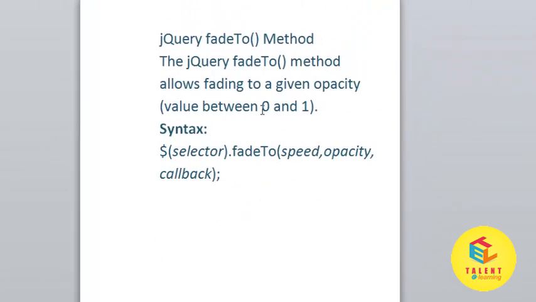Next, the jQuery fadeTo method. The jQuery fadeTo method allows you to fade to a given opacity, its value between 0 and 1.